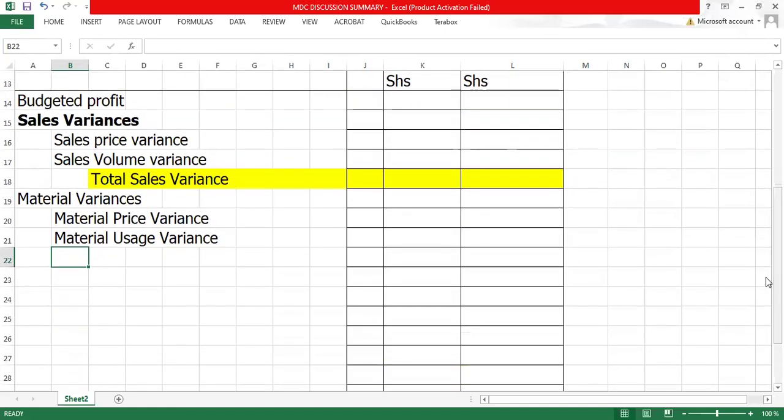But understand simply that at the time you purchase those materials, you set your budget. Probably you predicted to buy these materials at a certain price, but you reach the market and find that the actual price is different from what you had budgeted. That's why you will have a variance.